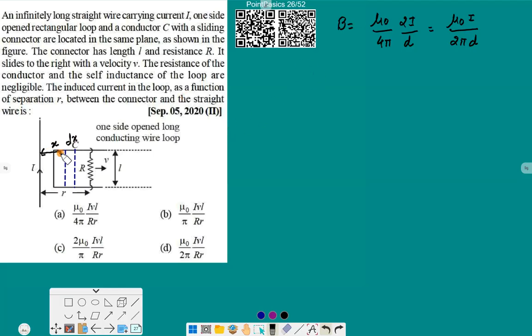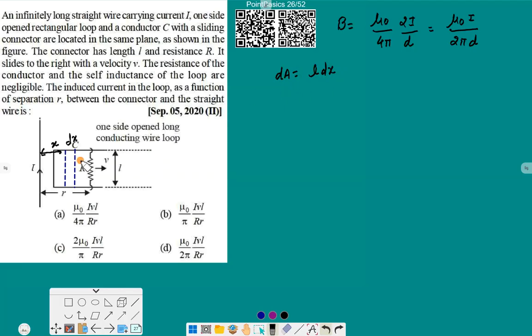So area of this small element will be, as one side is dx, its thickness, and its length is equal to length of the conductor L. So we can say dA, area of small element, will be L dx.